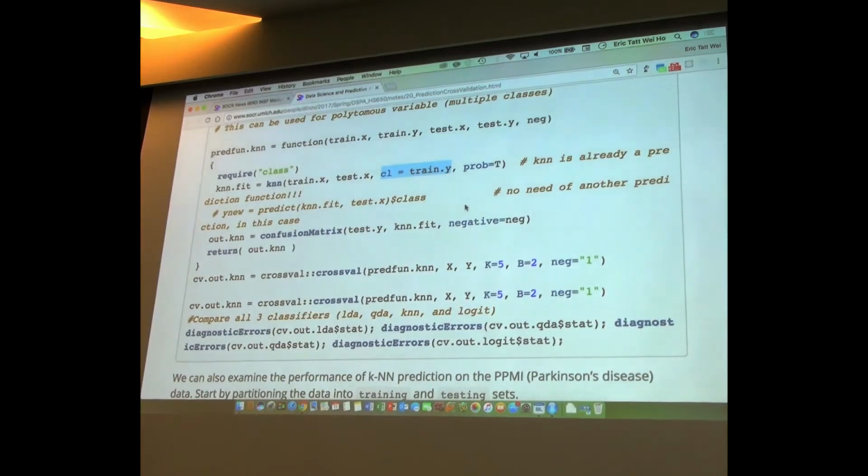But you can use K nearest neighbors, I would like to say unsupervisedly, but let me just think here for a second.